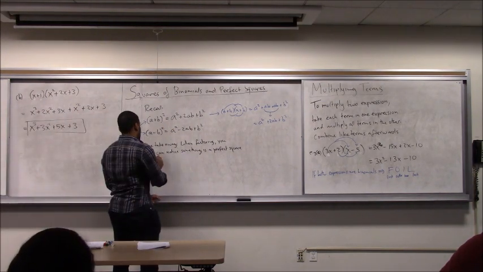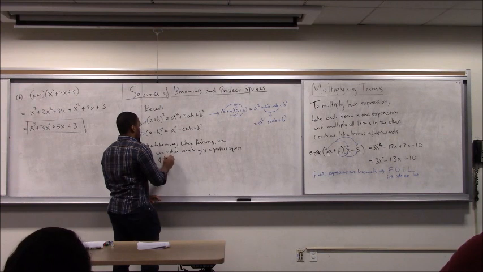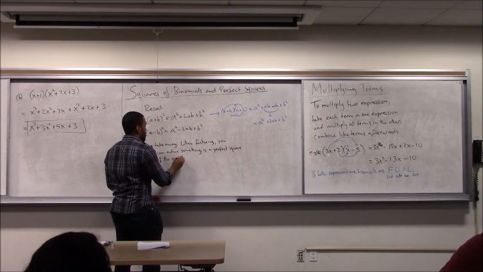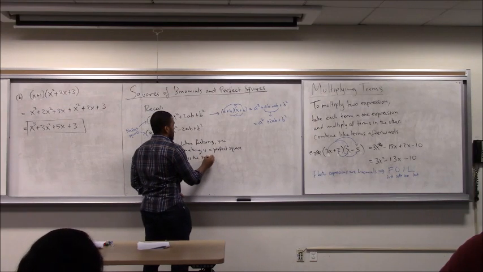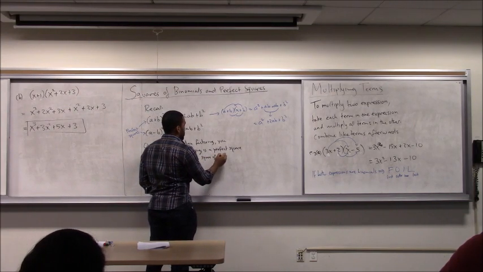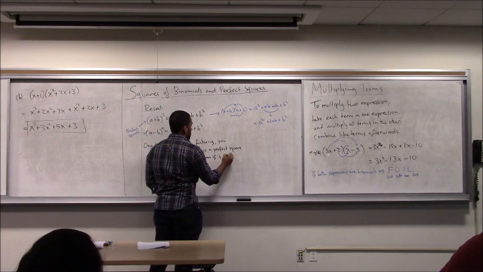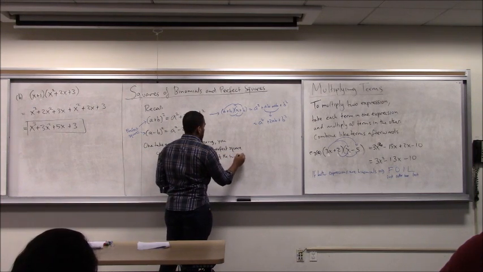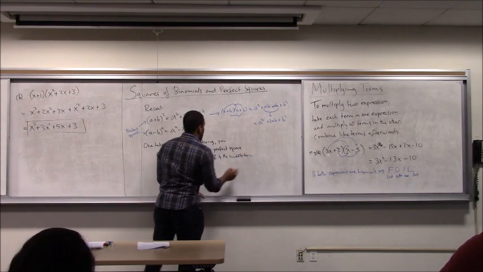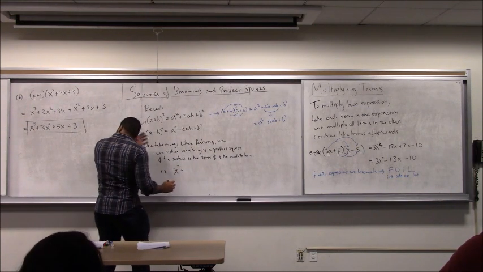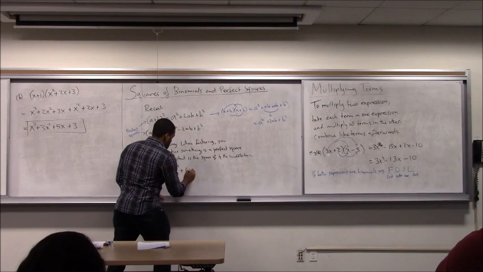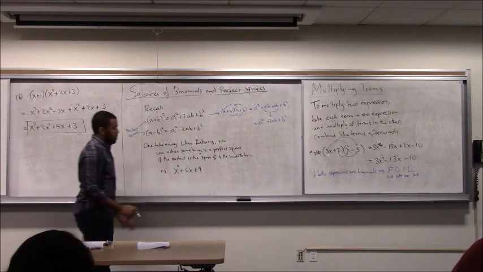It's a perfect square if the constant term is the square of 1/2 the middle term. Example, you might see the expression x squared plus 6x plus 9.